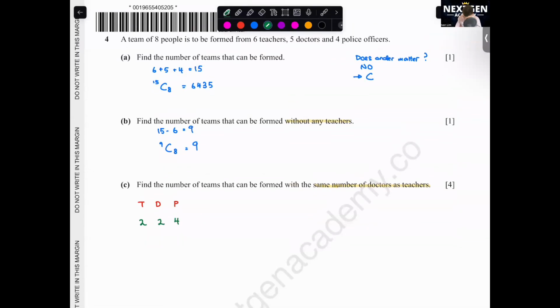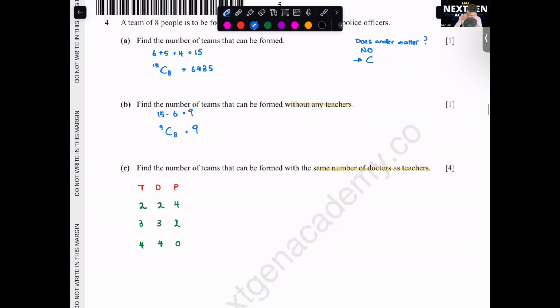I can put 3 teachers, 3 doctors, 2 police officers. I need to always fill up to 8 people. Then I can put 4, 4, 0. Any other ways? No more ways already. Let's do the calculation for all 3 of these.